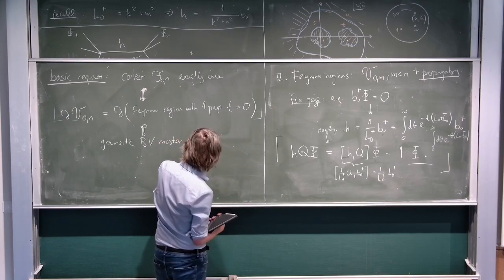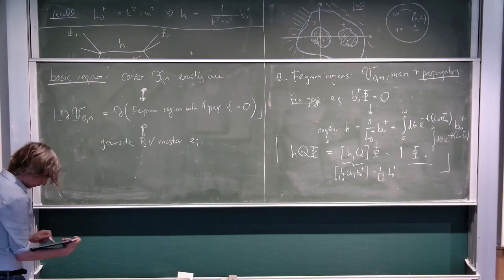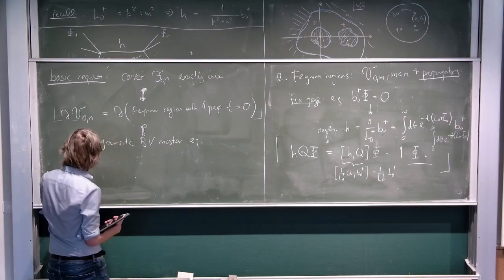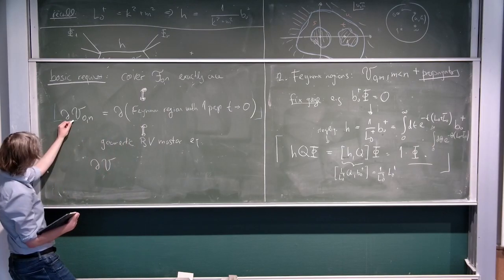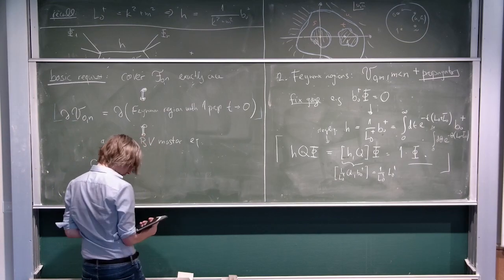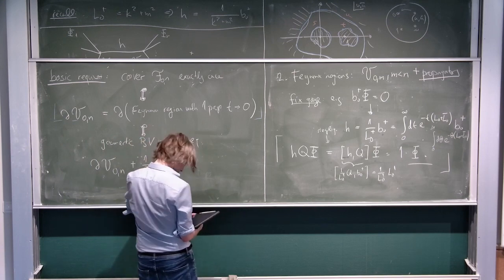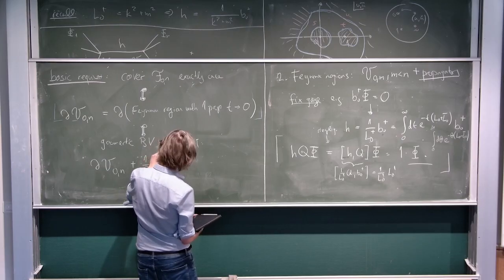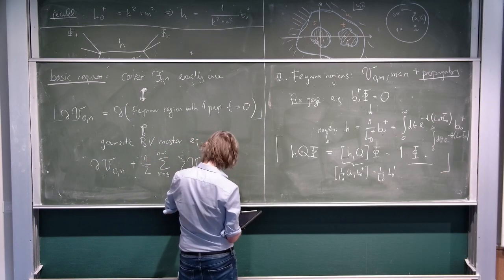So at this point, think about this just as a name. Maybe if I have time, I will try to make a connection to the BV formalism later. So this is saying that the boundary of this space V0n plus the following, which I will explain in a second, is going to be equal to 0.